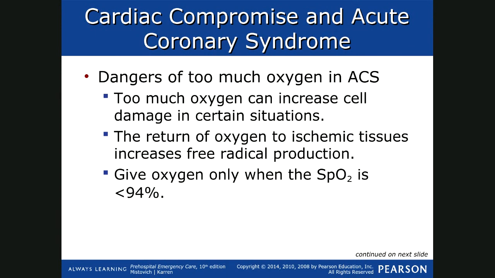But when we get to the hospital, if we've been bombarding them with a non-rebreather for the last hour, and that O2 sat has read 100% for the last 55 minutes, when they stick a needle in their radial artery and start to draw blood gases, the oxygen content in the blood can be 4 to 5 times what it shows on that pulse oximeter. And that's going to cause those cardiac cells that are trying to die to die that much quicker. So you have to be careful when you give oxygen to someone having chest pain.